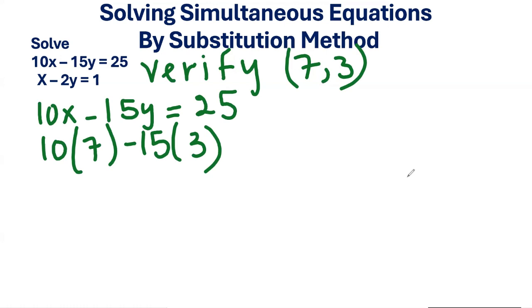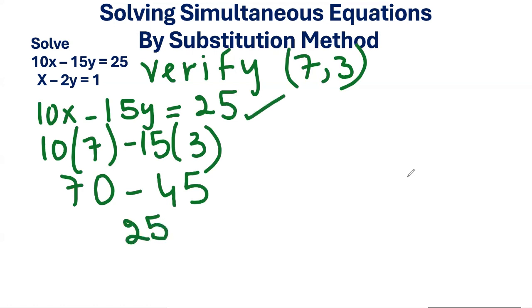10 multiplied by 7 will give you 70, and 15 multiplied by 3 will give you 45. Now you have to solve 70 minus 45 will give you 25.